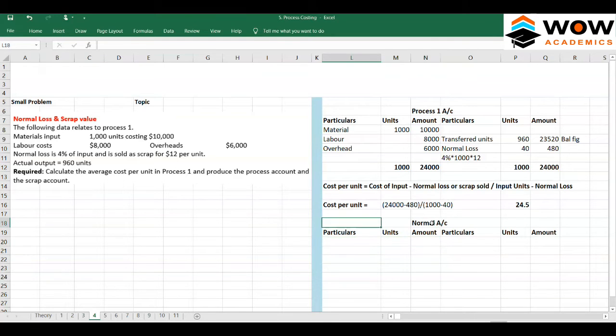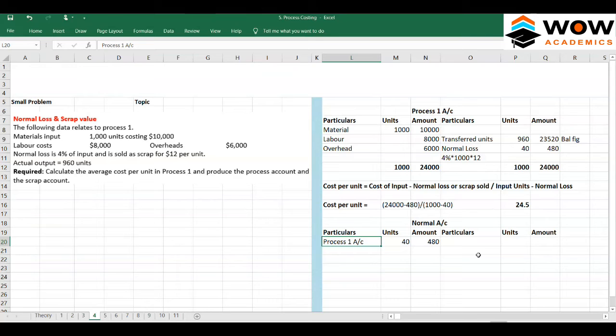You have normal loss here. So the same amount and units would move on to normal loss, and it would be referred to as process 1 account. Where this is a kind of a scrap here.